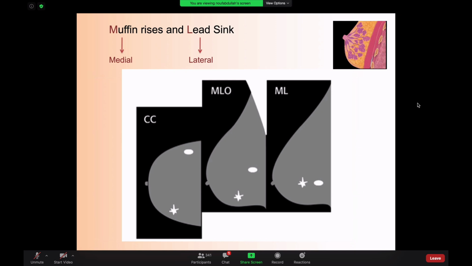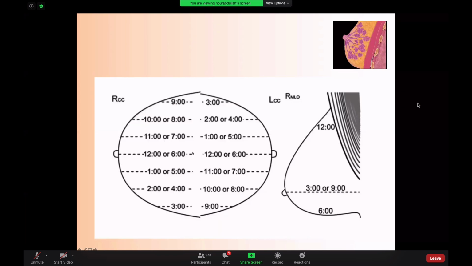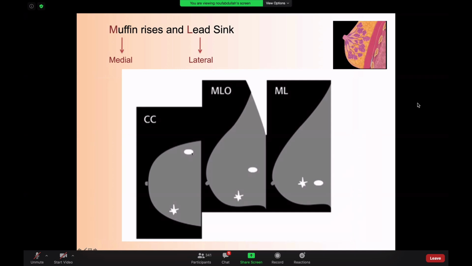So how can I know? Always remember, muffin rises and lid sink. What does that mean? It means that this lesion in the right breast is located lateral, and on the MLO view, it is located here. Imagine that you are doing a true lateral view. So for a lateral lesion, which is L, lateral, lid sink.